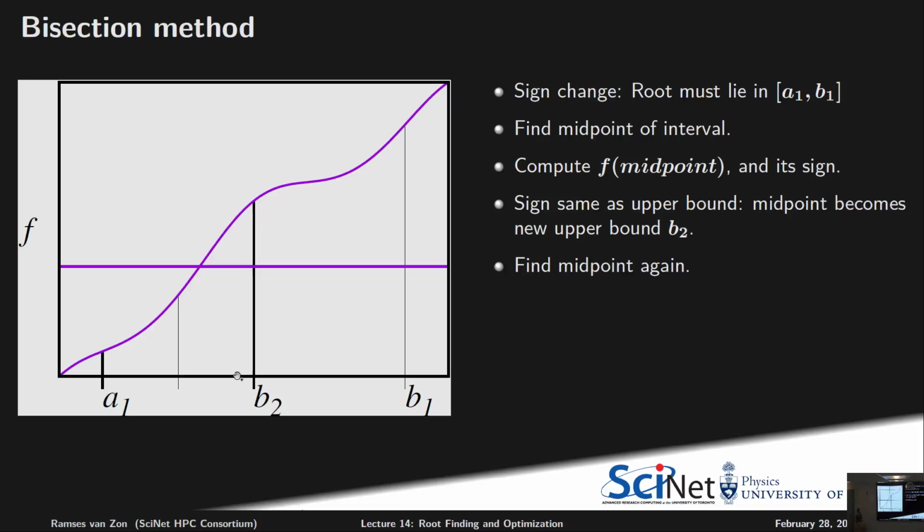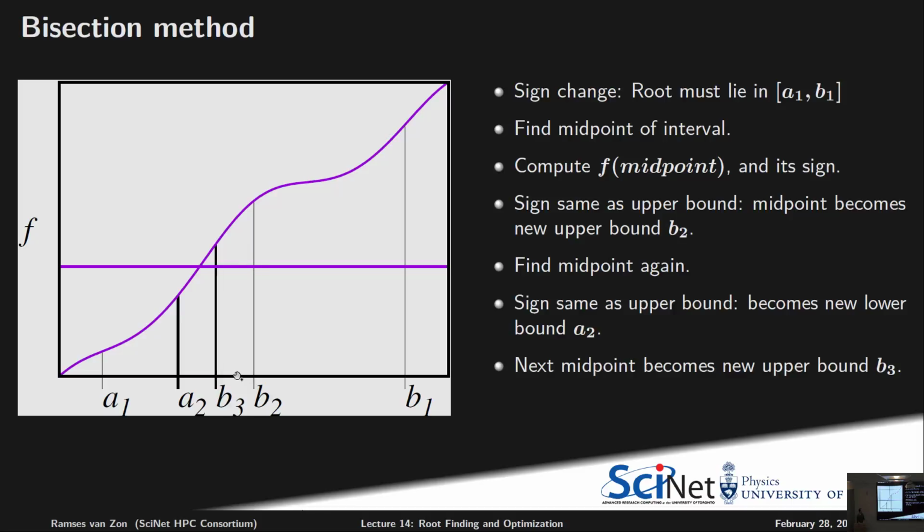So doing this successively, finding another midpoint, in this case the midpoint has a function value that's negative, it becomes the new a. So now my new interval is a2, b2. And you just continue like that. So you get a finer and finer bound on the root, which is kind of nice because you automatically get the error in your solution.